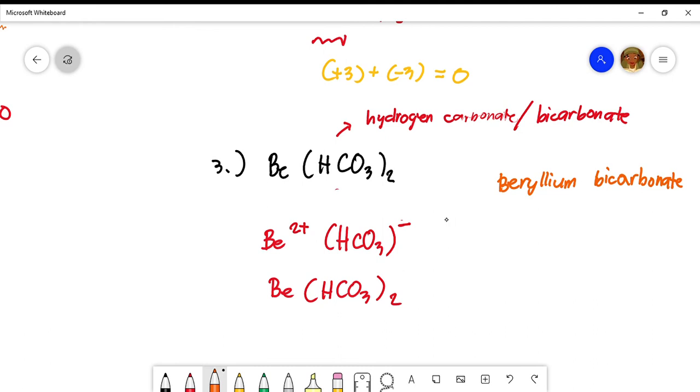There's no need to write down the charge for beryllium since it is fixed. Be is not a transition metal. This cation has a sole charge of positive 2. So we just write beryllium bicarbonate.